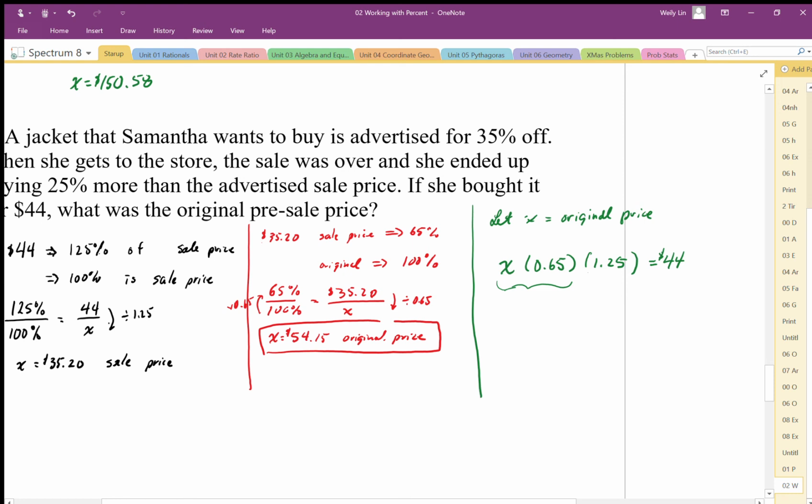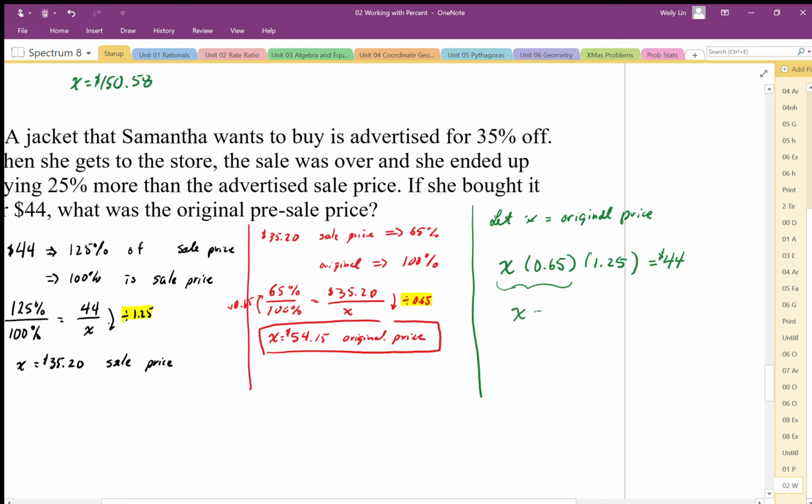So there's my calculation. Well, I really want to undo this: times 125% and times 65%. How do I undo times? I can undo times with divide. And notice that there's my divide, and I'm going to solve for x using divide.